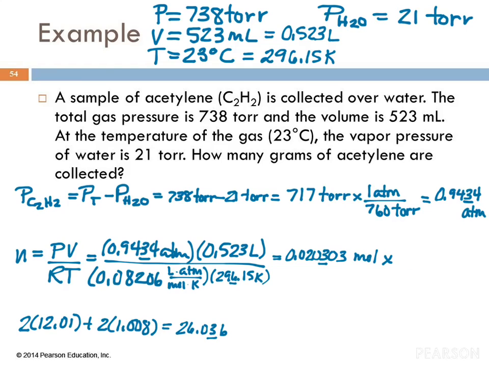We're going to multiply by 26.036 grams per mole. And how many significant figures should we have? 3. So we end up with 0.529 grams of C2H2.